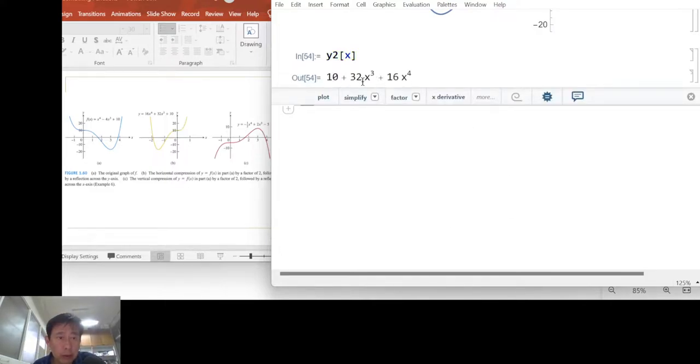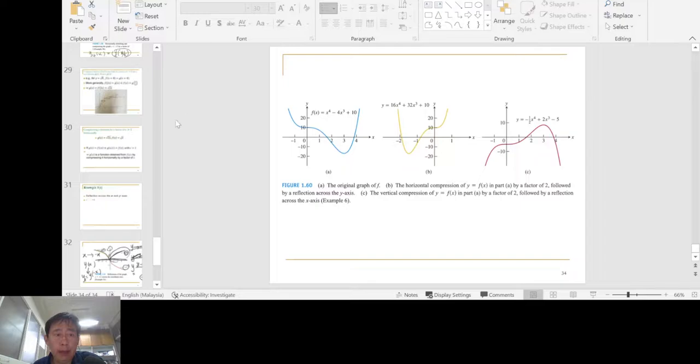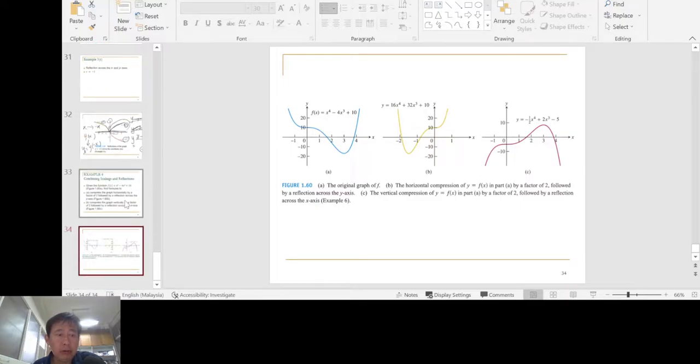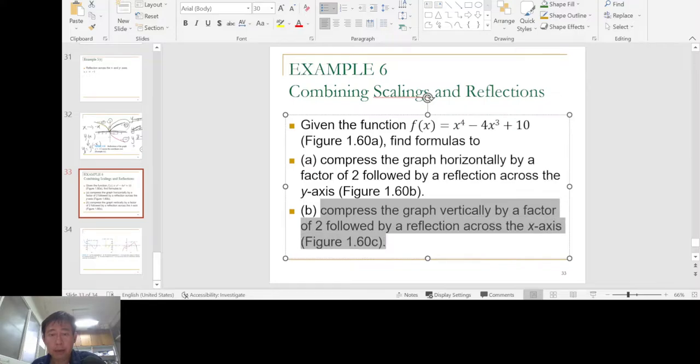Okay, so the y2 expression is 16x power 4 plus 32x cubed plus 10, which is exactly the same as the one given by the solution here. So once you have understood the operations in example A, then you can easily reproduce the operation in example B.